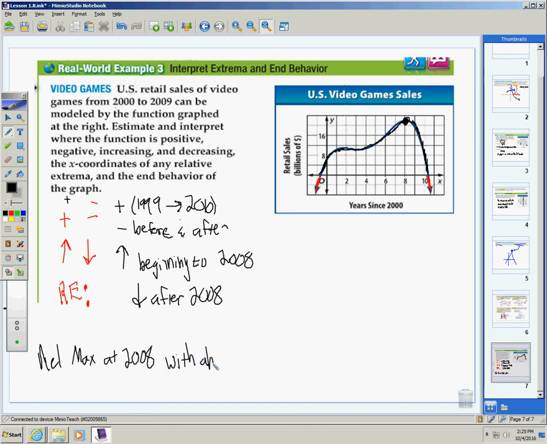So this would be about $21 billion in sales. And then if I look at my end behavior, obviously as the years increase, sales go down.